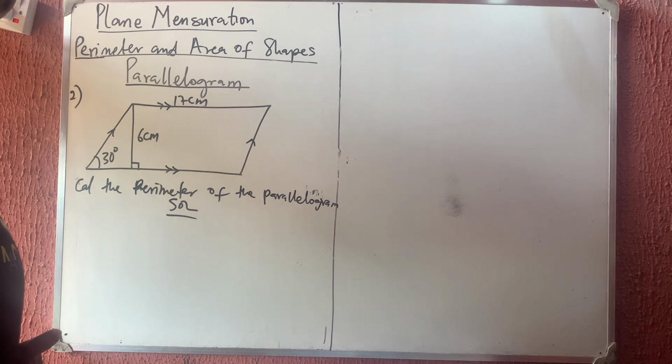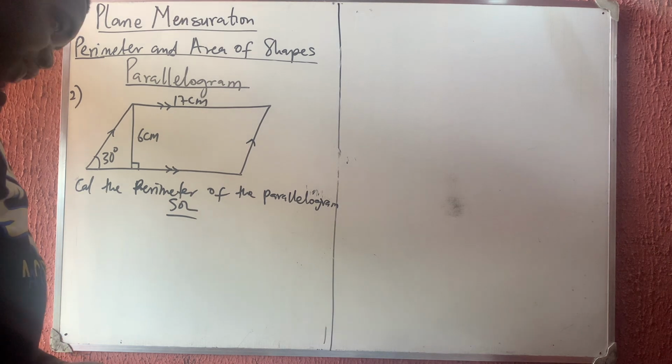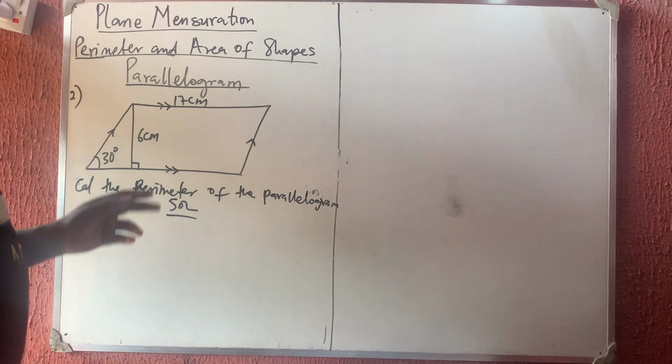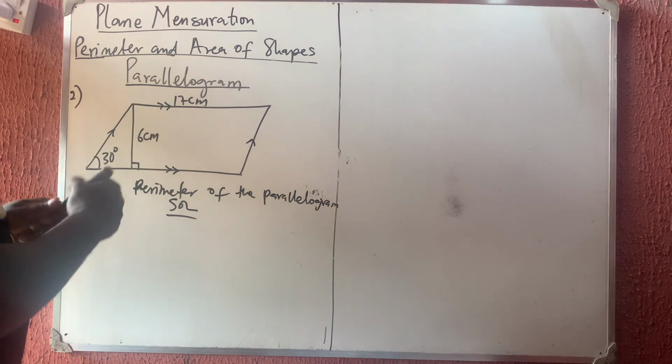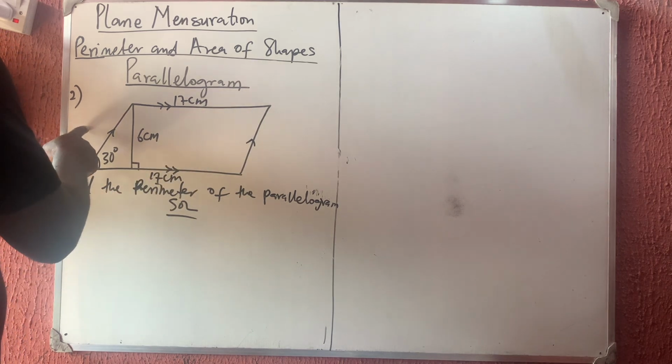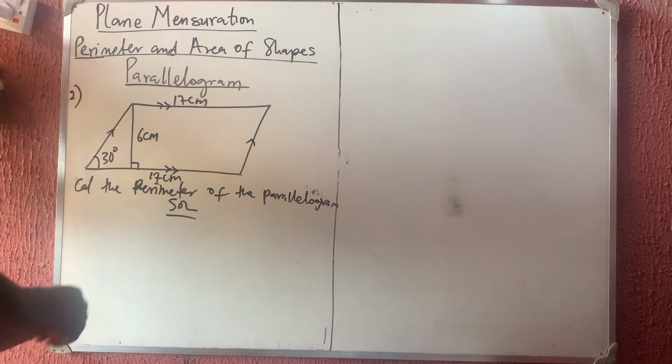Let us check very well. So if here is 17, here is what? 17 cm. So the only part that is missing is here. If I can get here, automatically I can get here.